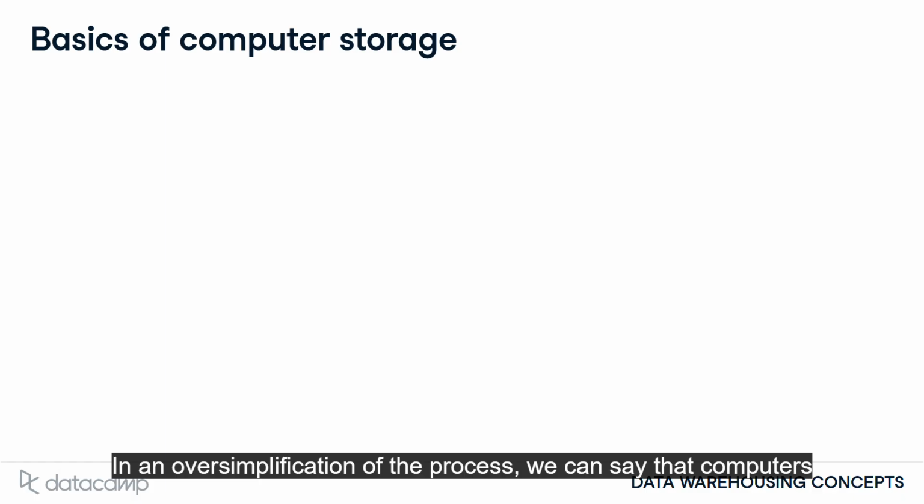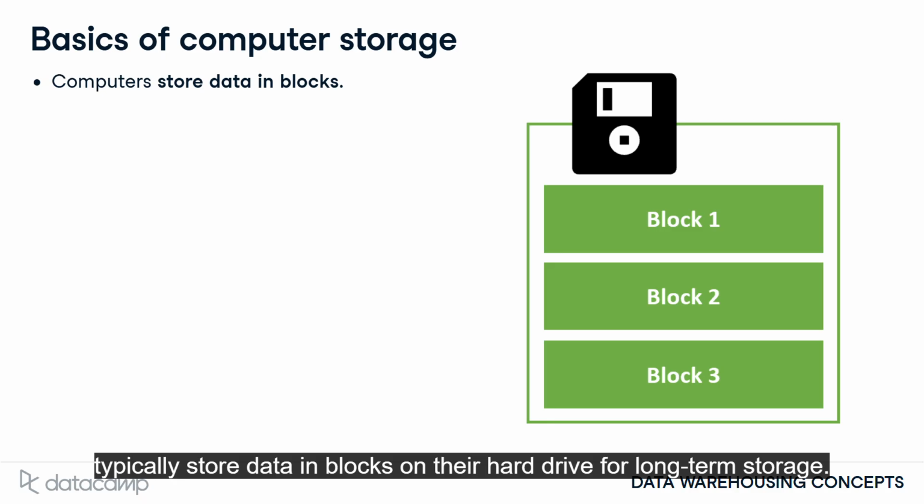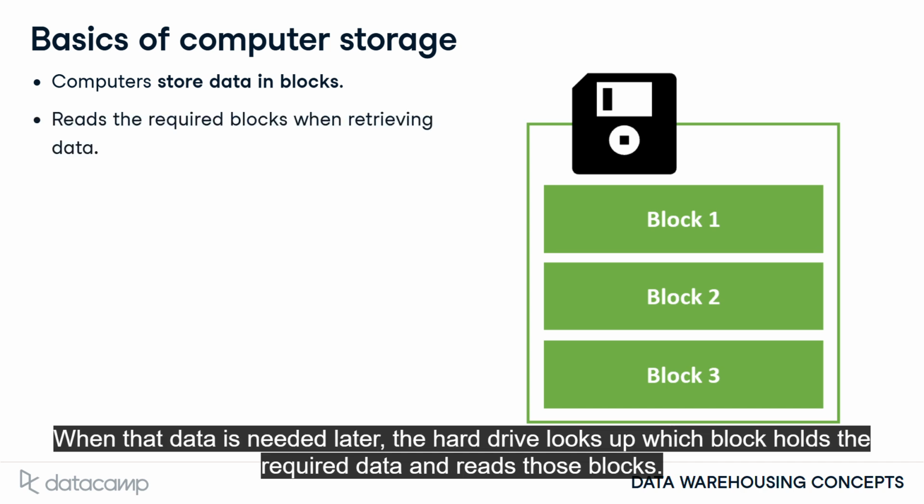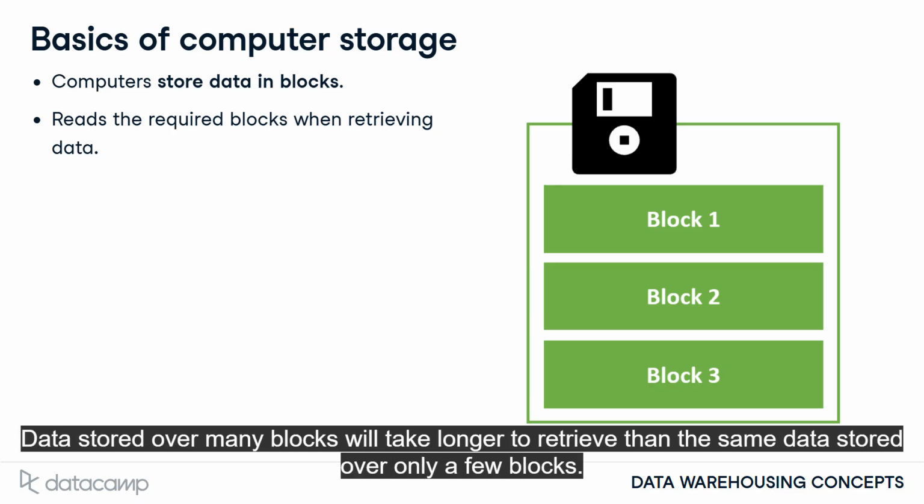In an oversimplification of the process, we can say that computers typically store data in blocks on their hard drive for long-term storage. This data can be stored over multiple blocks. When that data is needed later, the hard drive looks up which blocks hold the required data and reads those blocks. Data stored over many blocks will take longer to retrieve than the same data stored over only a few blocks.